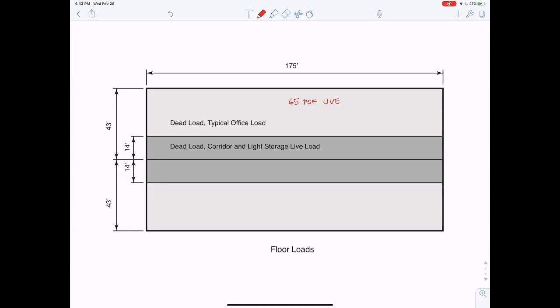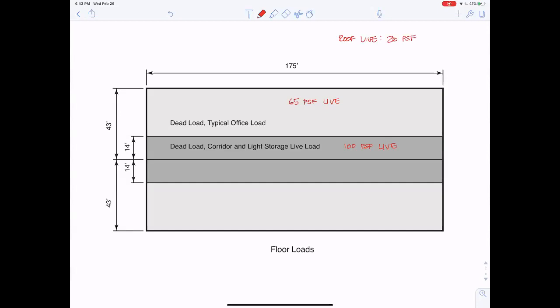We had some choices for the corridor, and one of them, which I will use, was 100 PSF live in the corridor. We won't do the roof, but the roof live was 20 PSF.